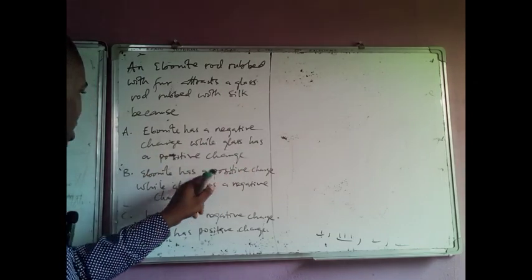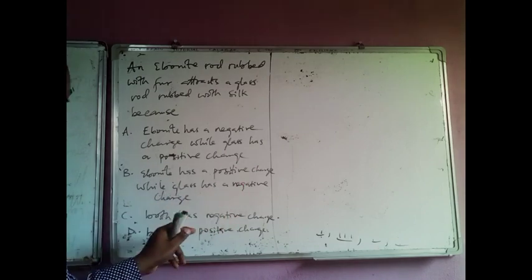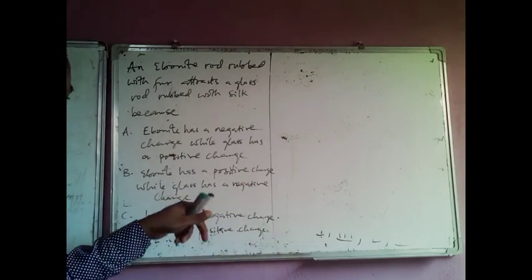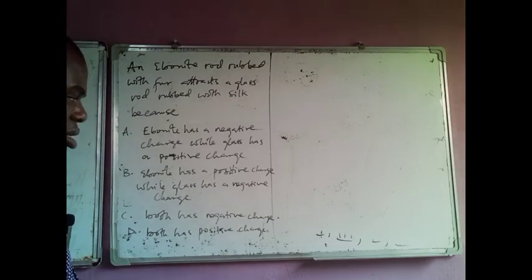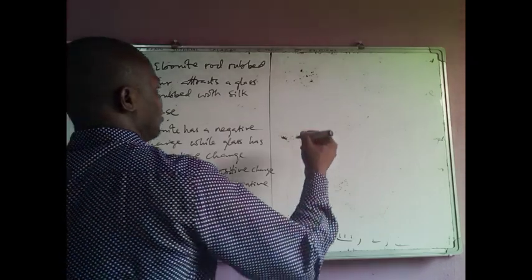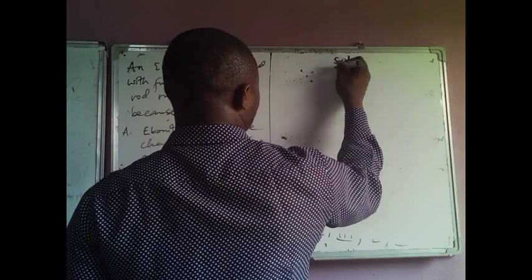B, ebonite has a positive charge while glass has a negative charge. C, both have negative charge. And D, both have positive charge. Of course, the correct answer, we are going to determine with this solution.